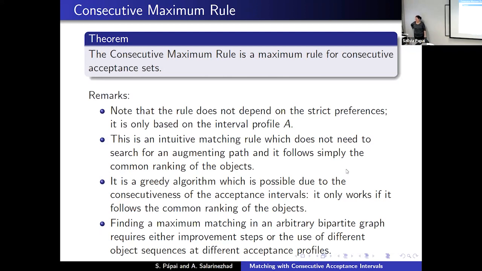In general, we would need some sort of augmenting path to find the maximum matching. It's basically a greedy algorithm, and what makes it possible is the consecutiveness of the acceptance intervals. If we use a different ordering of the objects, we would not necessarily end up with a maximum matching. So we need to use the common ranking.